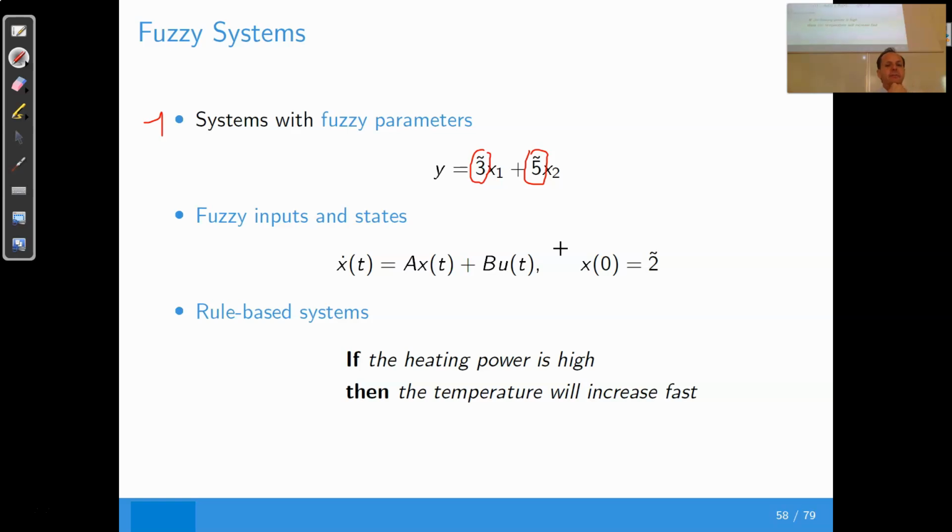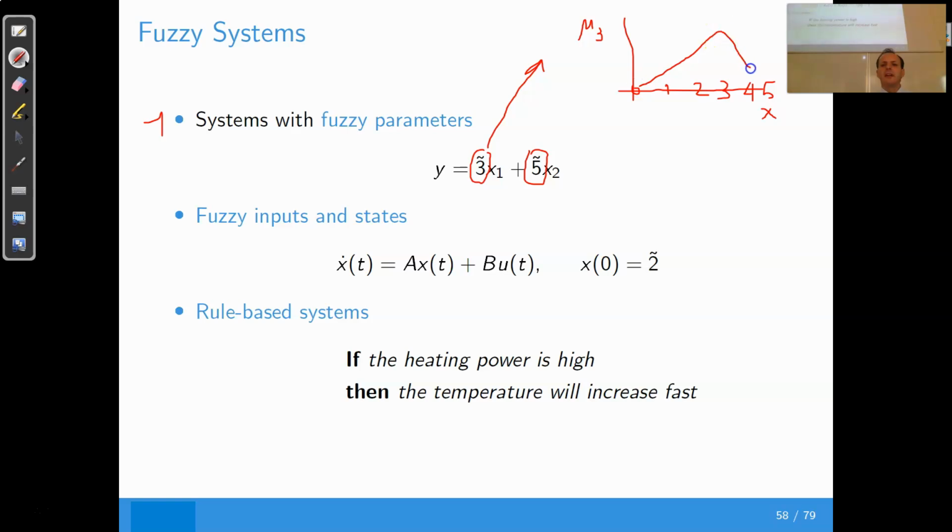So it means that, for example, this fuzzy number will be represented by a membership function, I write here, like mu. So the membership function of the fuzzy number 3 will be defined in this way. For example, we have 1, 0, 1, 2, 3, something like that, 4, 5. So you have something quite like that.